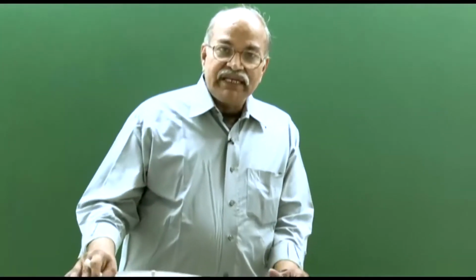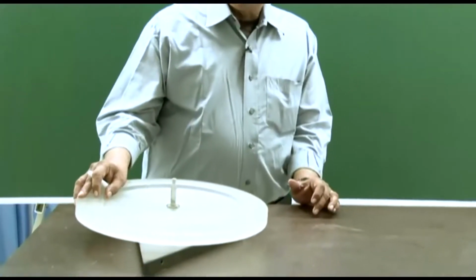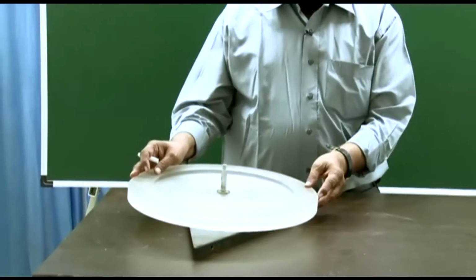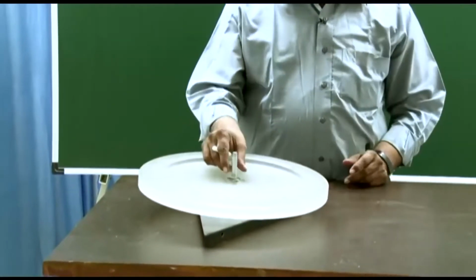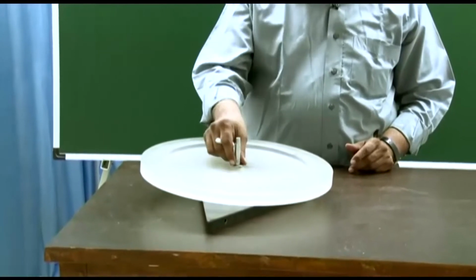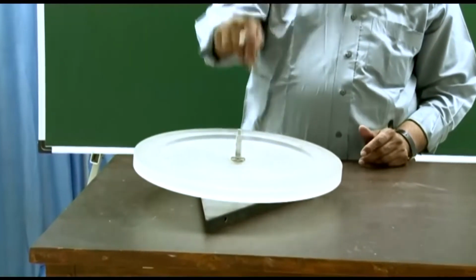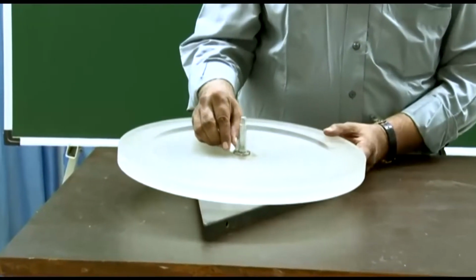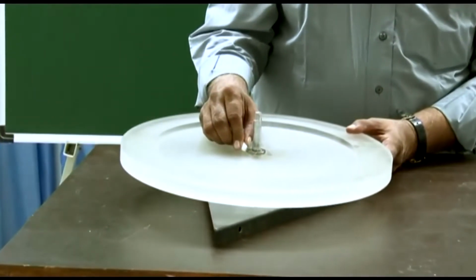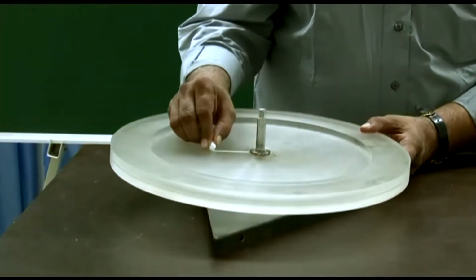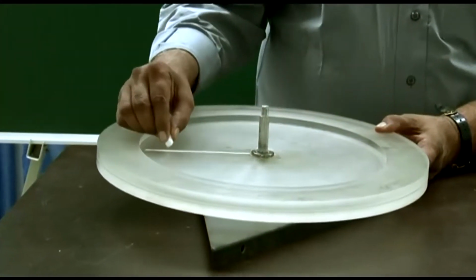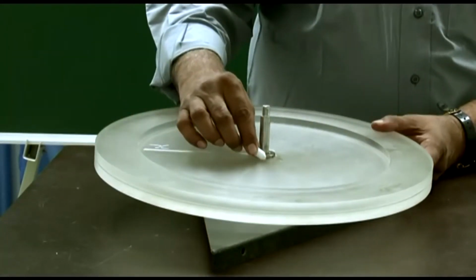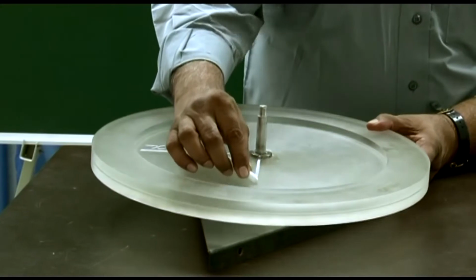So, here I have a disc, and we can create a rotating frame of reference from this disc. Let us say that this vertical line is the z axis, and the x and y axes you can draw on this disc. Let us draw a line and say that this is the x axis, and then I draw a perpendicular line and say that this is the y axis.